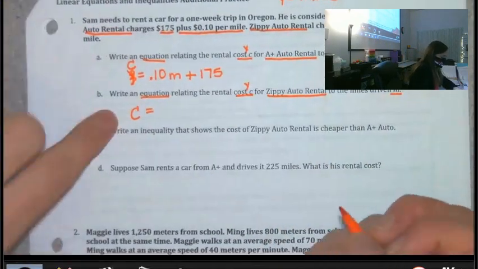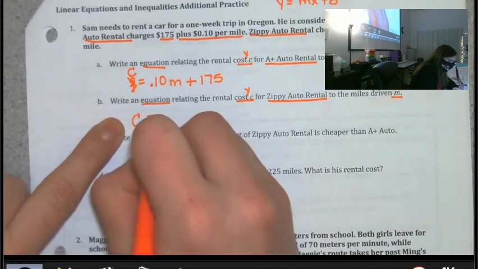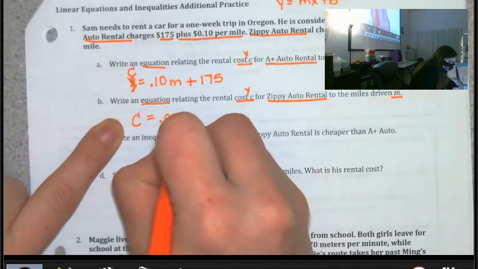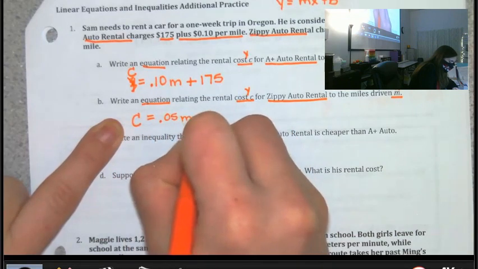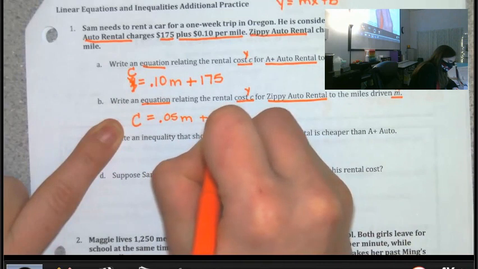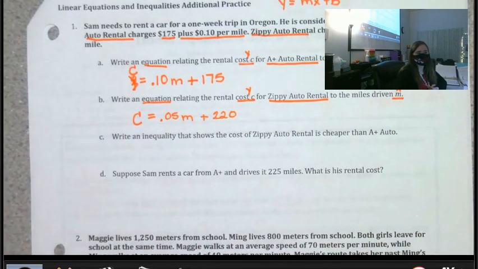All right, so what did you guys find? C is equal to what? 5 cents, so 0.05 M. And what was my y-intercept? 220, right? Good job.